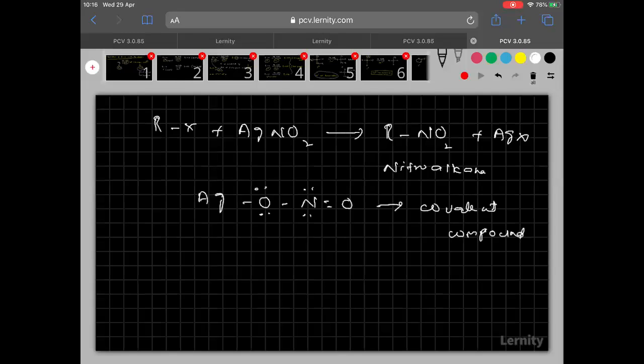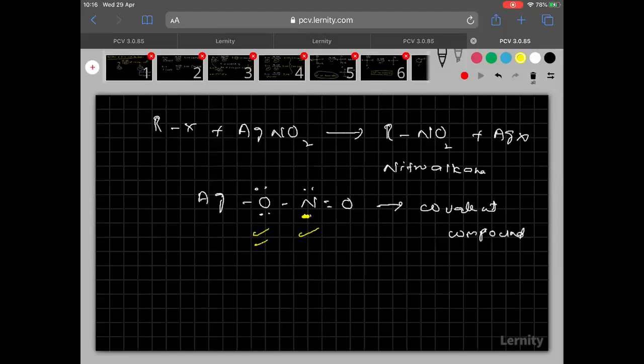Now try to understand here: oxygen has lone pairs, nitrogen also, sorry, nitrogen contains only one lone pair here. I mentioned it wrong here, I think. Nitrogen contains one lone pair, oxygen contains two lone pairs.